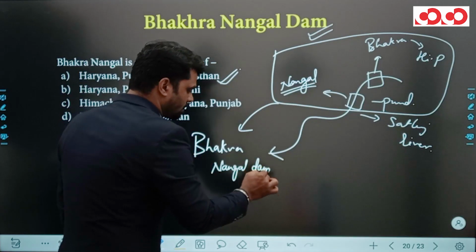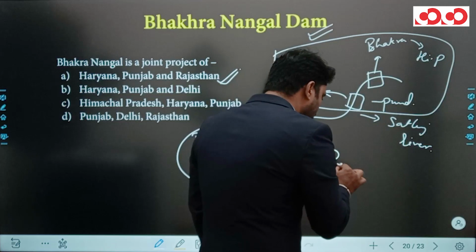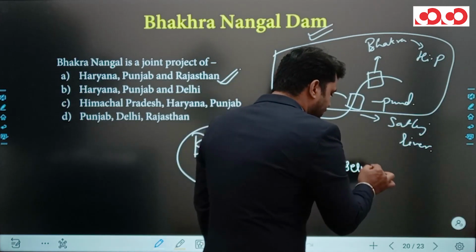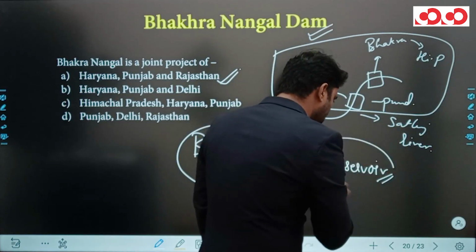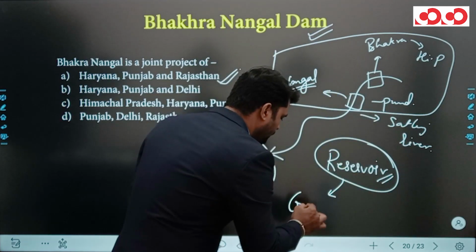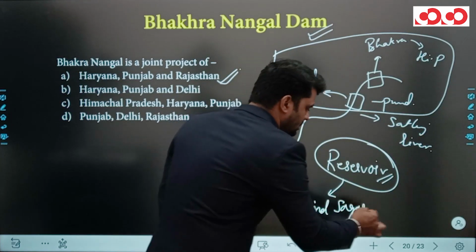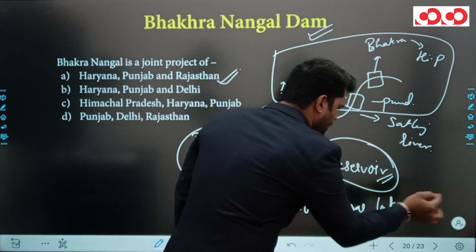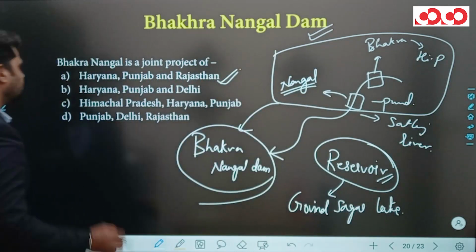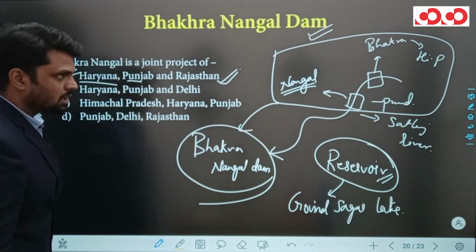A reservoir has been formed due to this project, which is known as Govind Sagar Lake. Clear? And the right answer is option A, Haryana, Punjab and Rajasthan.